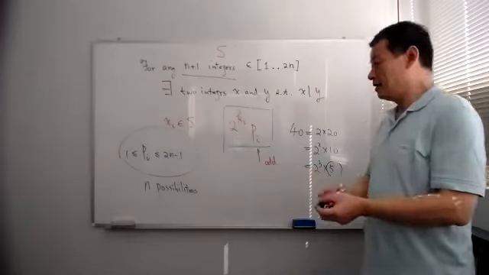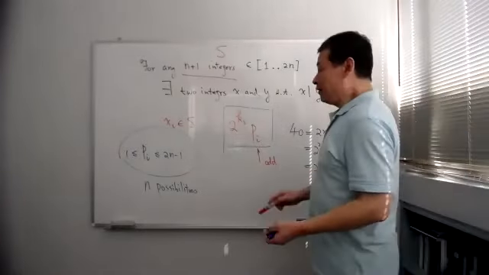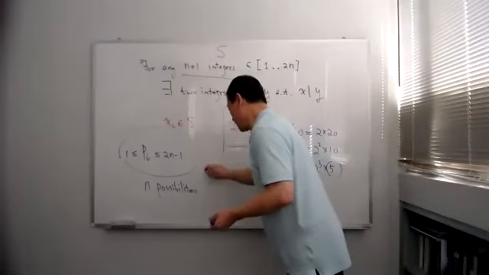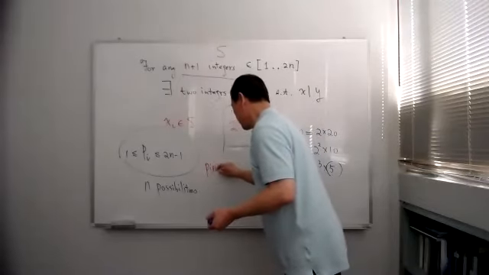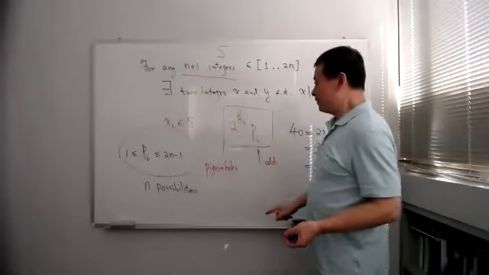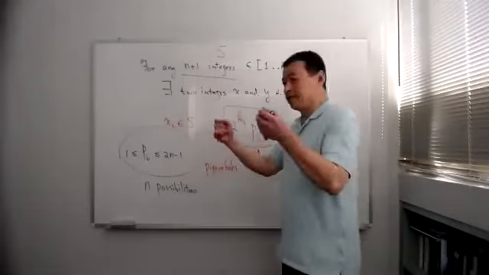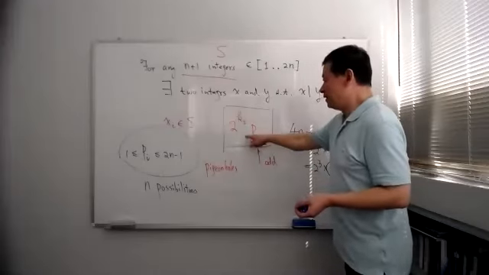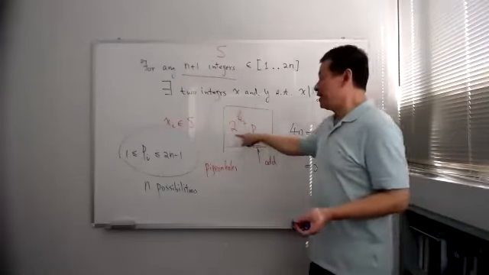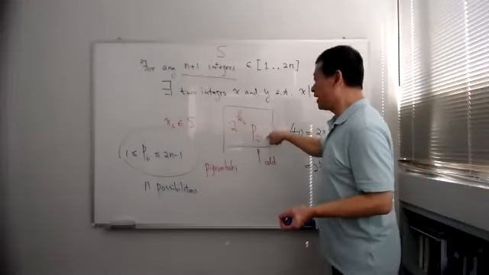Okay. Now here are the pigeonholes. Now we have pigeonholes. So we have n possibilities. Each cell is a pigeonhole. A number x_i will map to p_i. The assignment is x_i mapped to p_i.